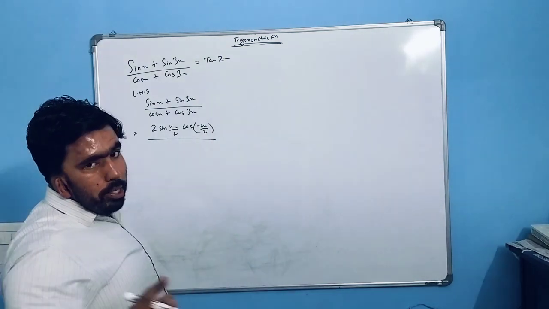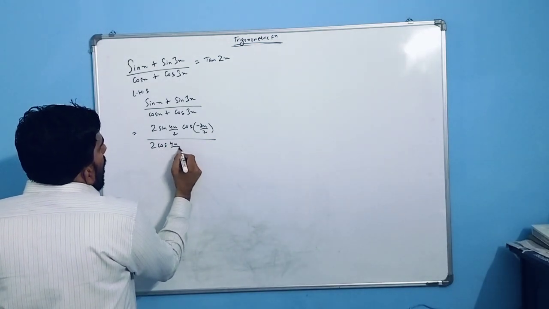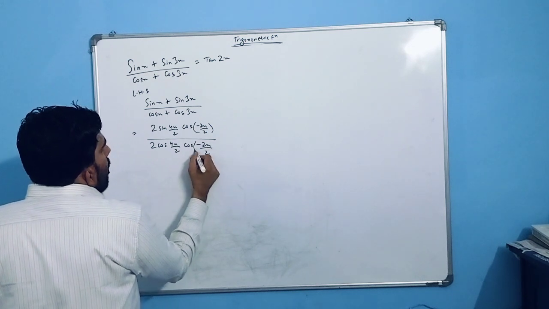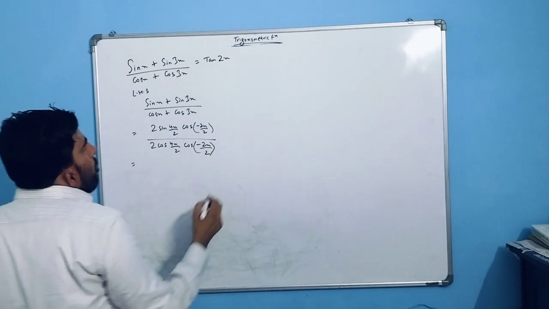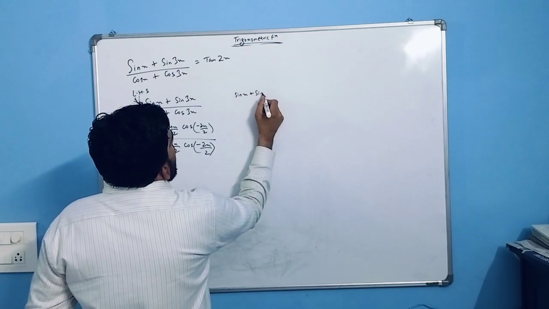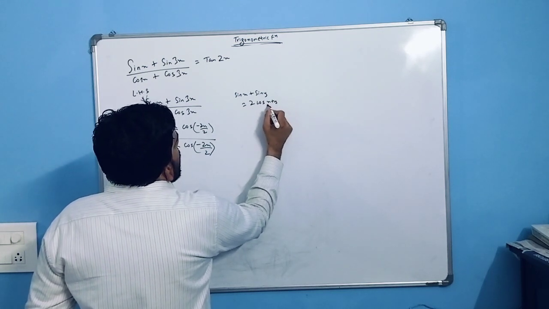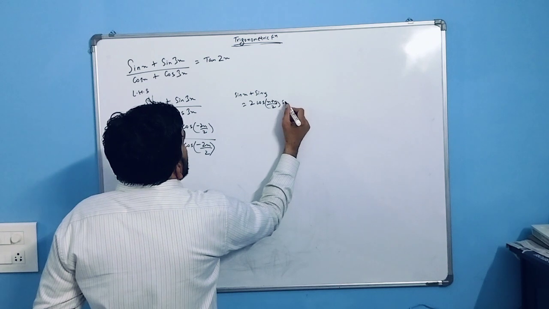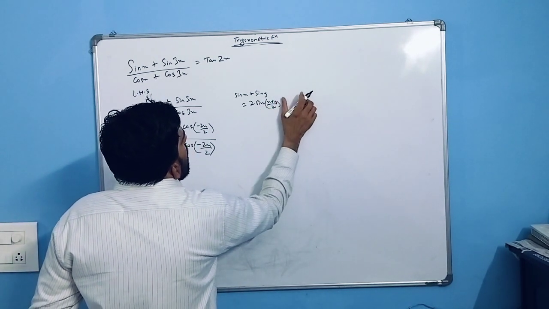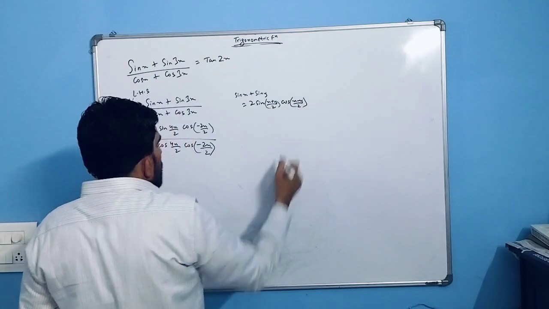Similarly, we will apply cos x plus cos y, that is 2 cos (x plus y)/2 cos (x minus y)/2. The identity we are using is sin x plus sin y, that is 2 sin (x plus y)/2 cos (x minus y)/2.